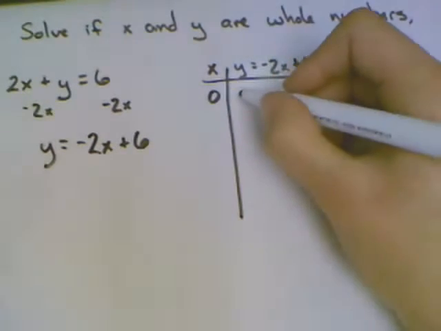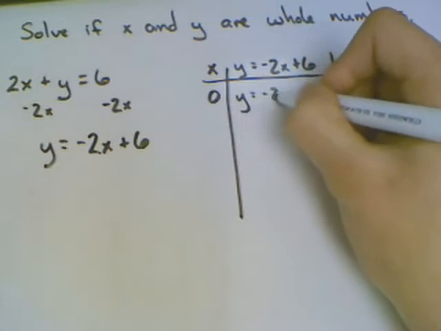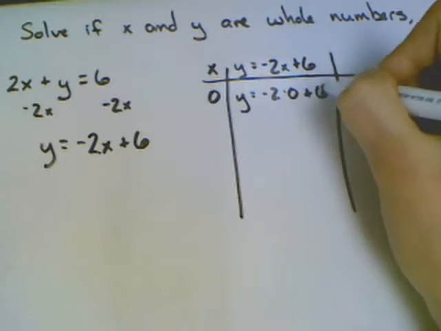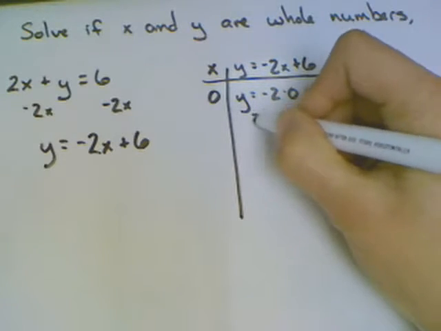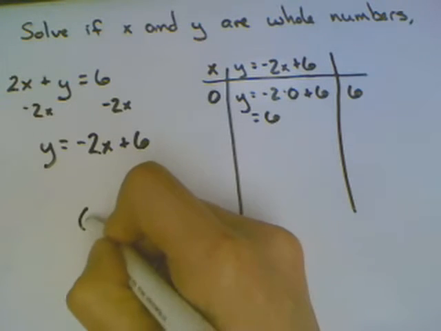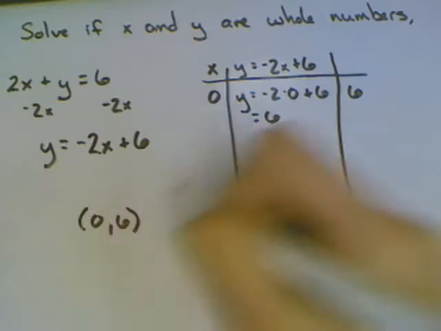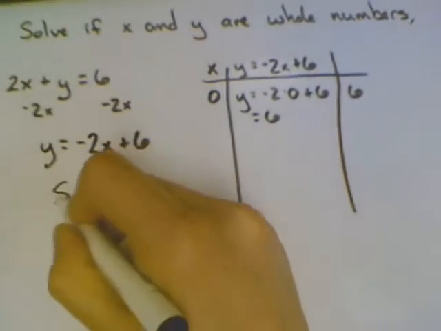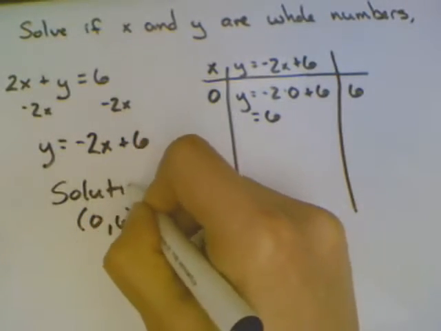I'm going to see if I plug in 0 if I get another whole number answer for y. Well, if x is 0, then y is negative 2 times 0 plus 6. That's 0 plus 6 is going to be 6. So when x is 0, y is 6. Those are both whole numbers, so this is one of the solutions we're looking for. I'm going to create a list of them down here. So these are my solutions.